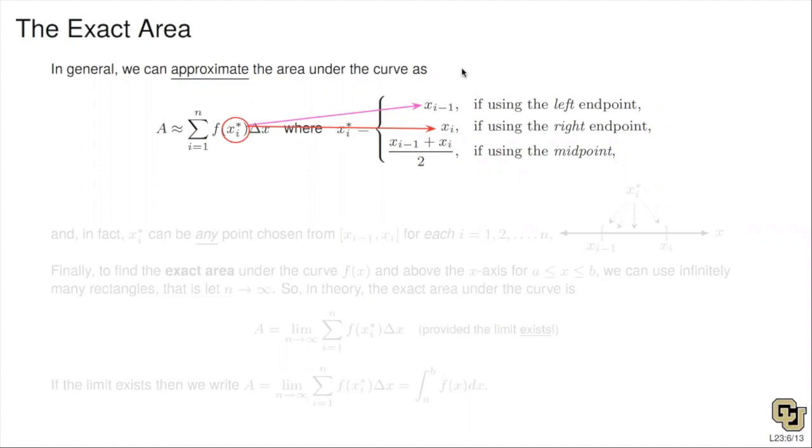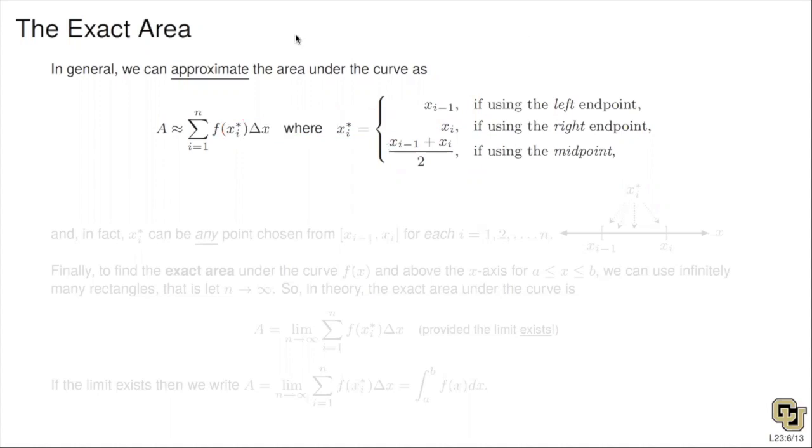And if you want to use midpoints, replace x sub i star with x sub i minus 1 plus x sub i, over 2. So the x sub i star is just there to give us flexibility. It represents either the left endpoint, the right endpoint, or the midpoint, depending on which one you've been told to use or which one you've decided to use.